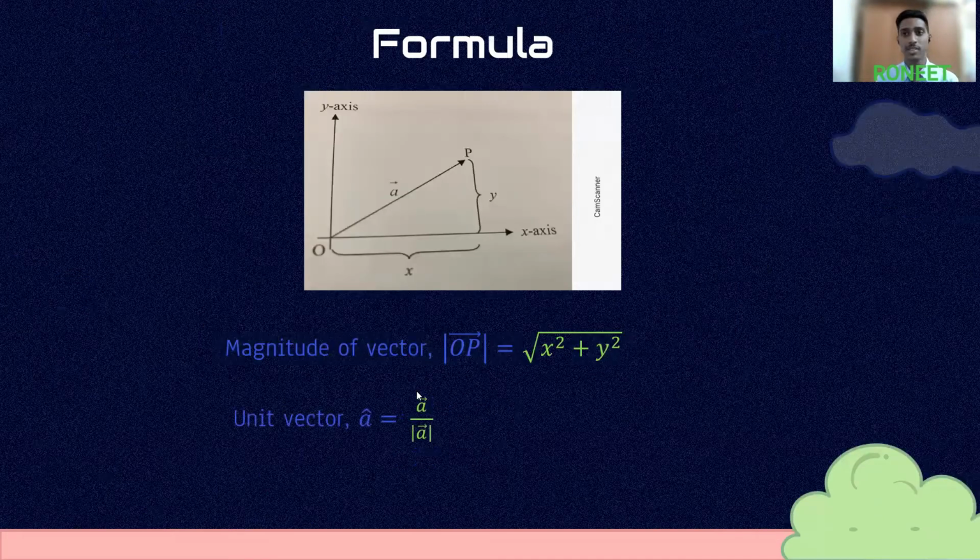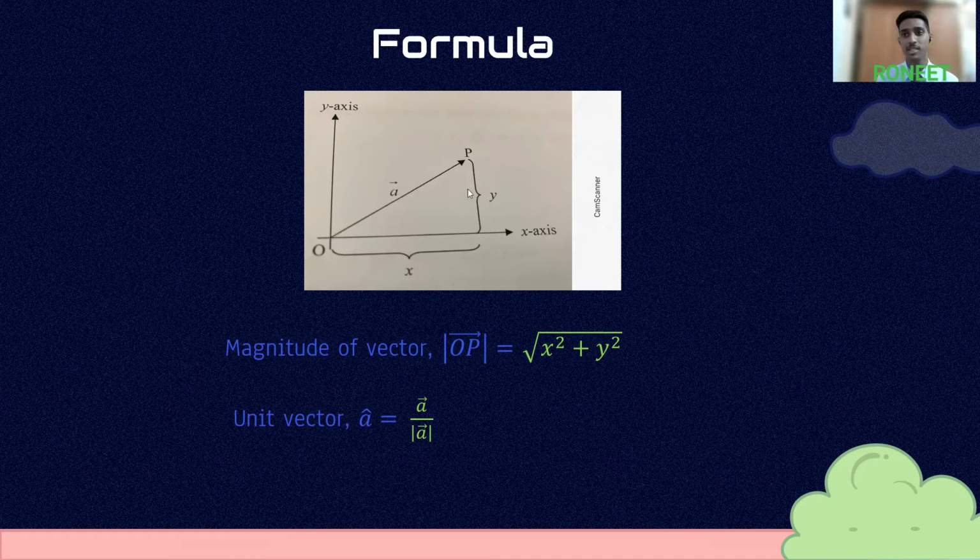So let's go to question B and C. Before that, let me tell you about the formula for magnitude and unit vector. By using the diagram given, let me explain to you. To find the magnitude of vector OP, we use the Pythagoras theorem, because it's exactly like a triangle here.